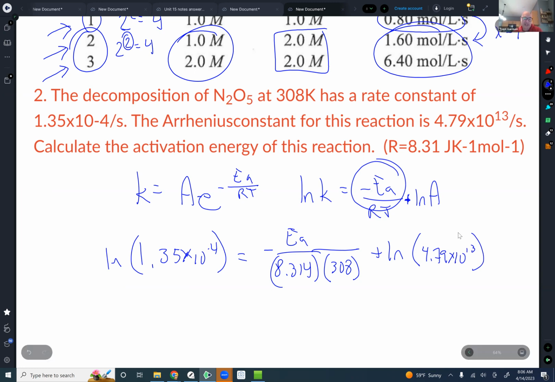All right, let's plug all these in. First off, I'm going to plug in these natural log values, and then I will try and combine them all together. So natural log on your calculator is not the same as log. It's ln. So you may have to do a little bit of searching to find that value on there.